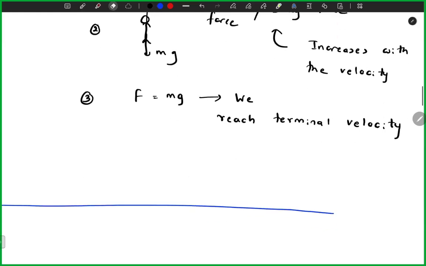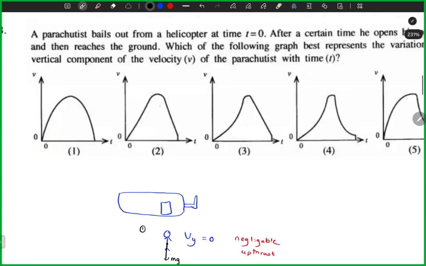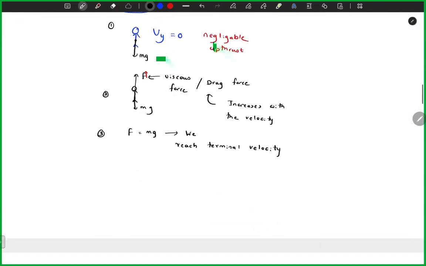Then there is no external unbalanced force, and we achieve a terminal velocity. So the graph up to that situation is going to be like so.